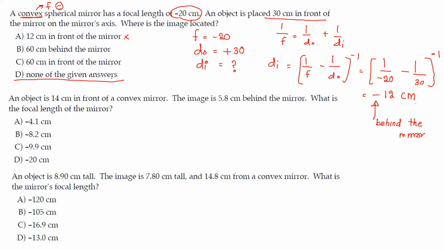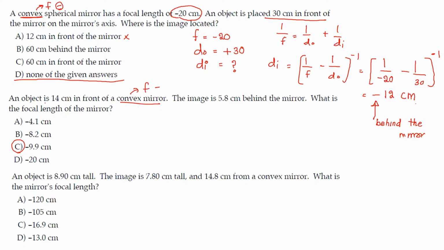For the next one, you all have given me the answer as C. It is correct. C is the answer. So let's see. The object is 14 centimeters in front of a convex mirror.